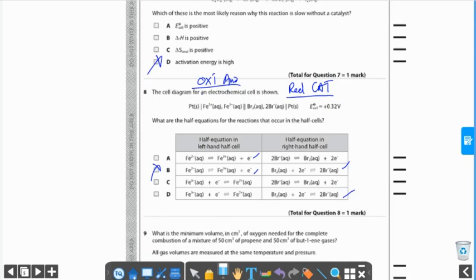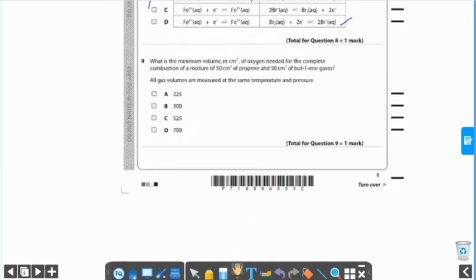Okay. What's the maximum volume in cm cube of oxygen needed for the complete combustion of a mixture of 50 cm cube of propene and 50 cm cube of butane? Right, so we have to write the equations here. Complete combustion of propene, C3H6, with oxygen, we get 3 carbon dioxide, 3 water, right? 6 hydrogen, 3 carbons.